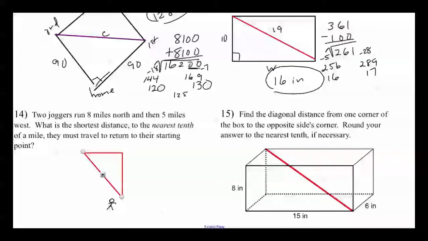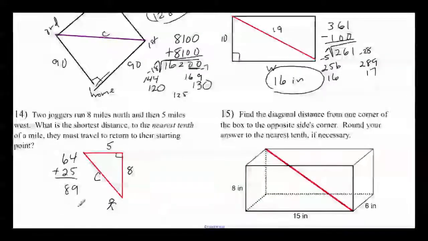There we go. Okay, so I know that's 8, and that was 5. We know here's our right angle. So I know both legs. I need to find this hypotenuse. Remember, we square each of the legs, 64 and 25, and we add them. So that's 89, and then I find the square root of 89 would be between 81 and 100.